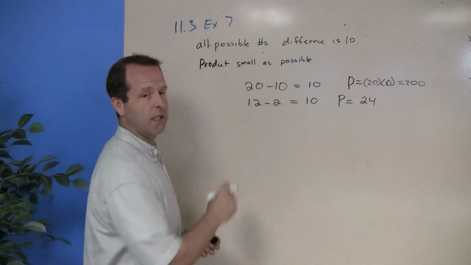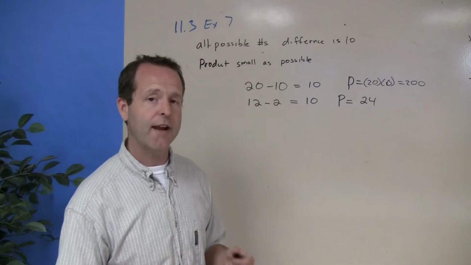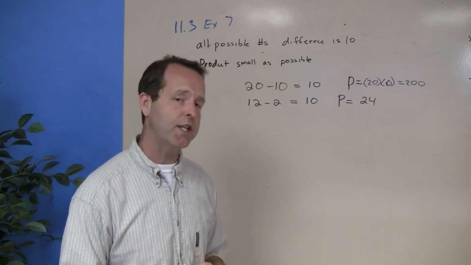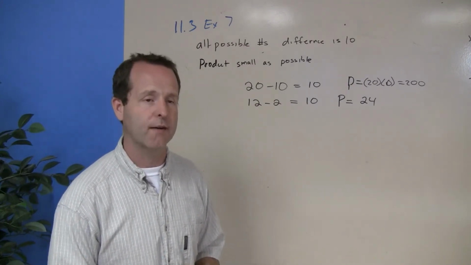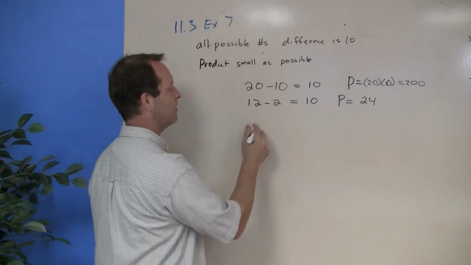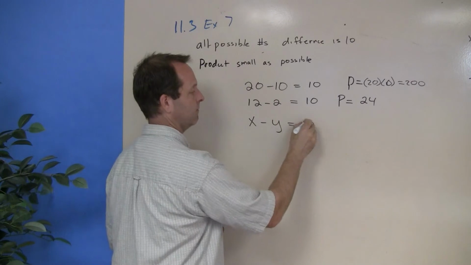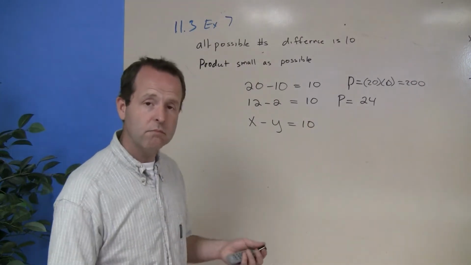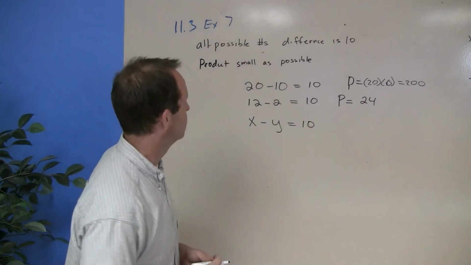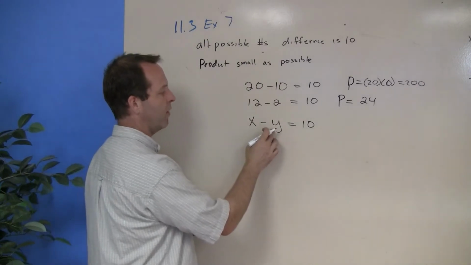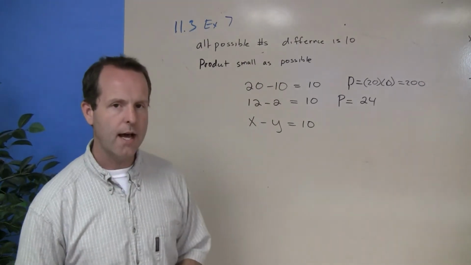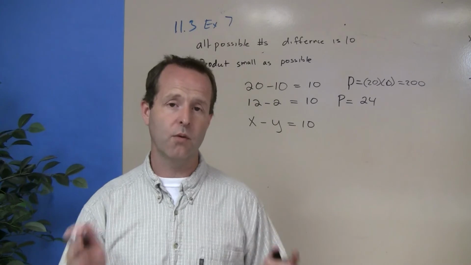Well, I'm starting to see a little bit of an equation happening here. And maybe if I can turn it into a pattern or an equation, I'll have an idea and have some better luck knowing what to do. Two numbers, x and y, whose difference is 10. Well, that's pretty good. I see that. So I have one number x, minus the other number y, equals 10. And a lot of times in functions, I want to have one variable.